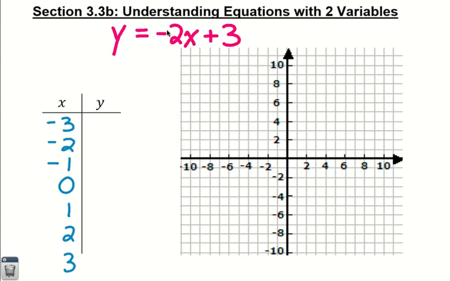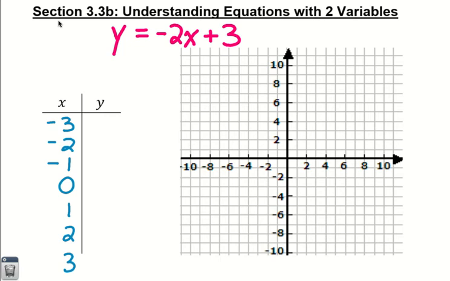Whatever x is, remember, even though it's a variable, you kind of treat it like a number. So whatever x is, you would multiply it by -2 and then add 3 to equal what y would be. But of course, with x being a variable, it can vary. See what I did there?